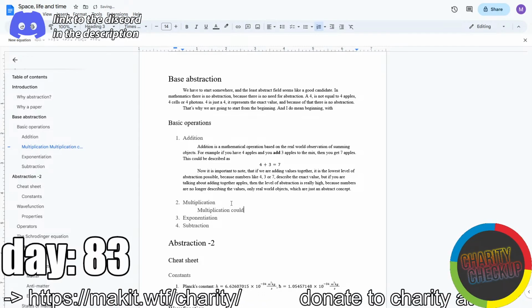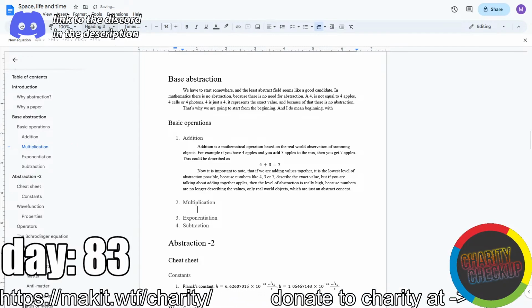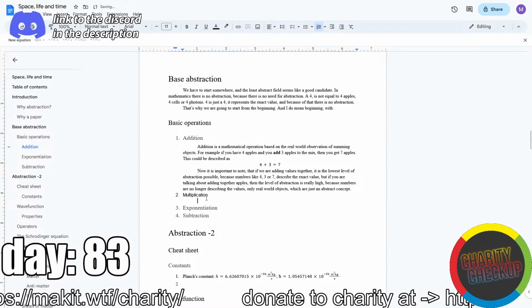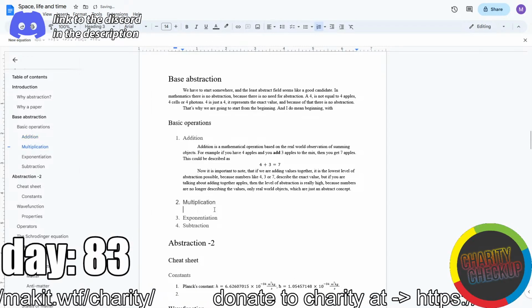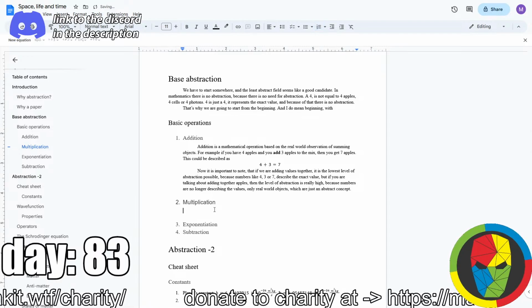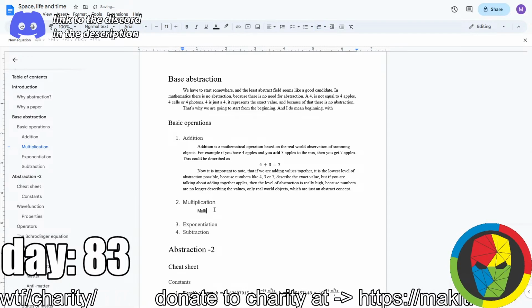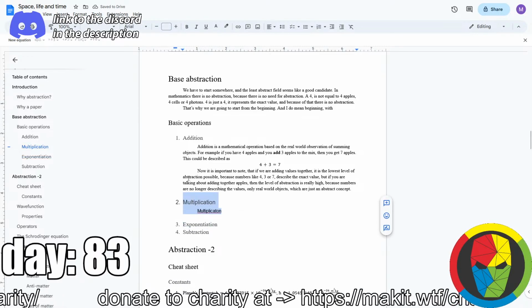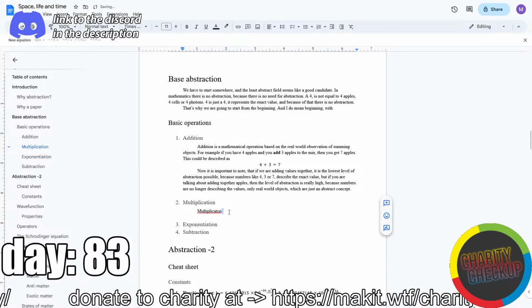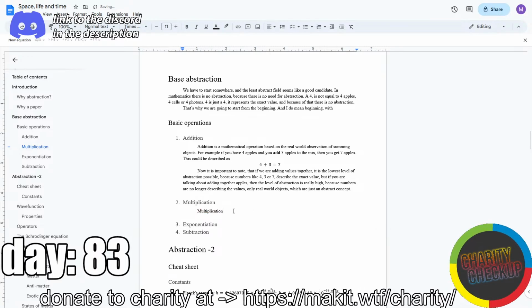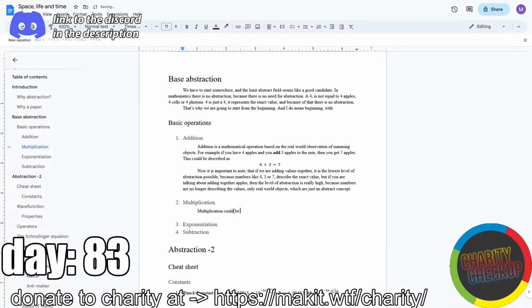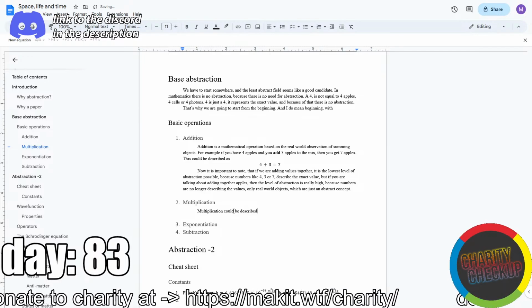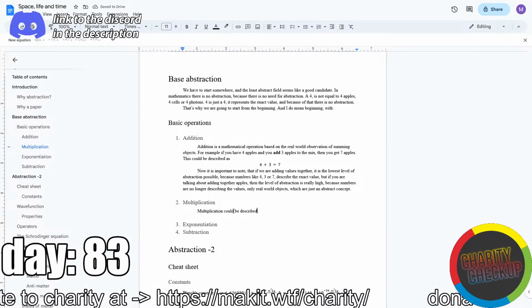Multiplication could... Why is it still heading 3? No more text. There you go. Multiplication. There we go. Misspelled, I know, but first I want to fix the font. Sorry about that.